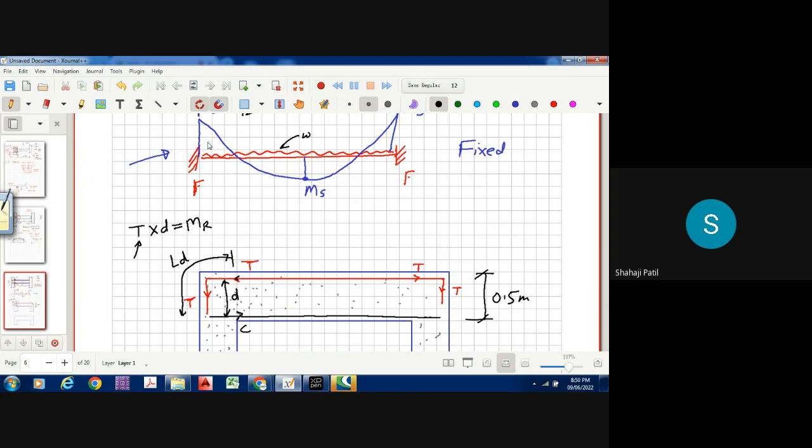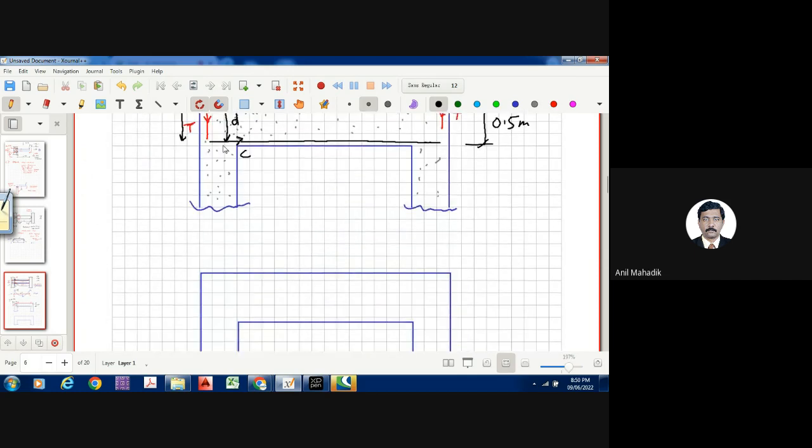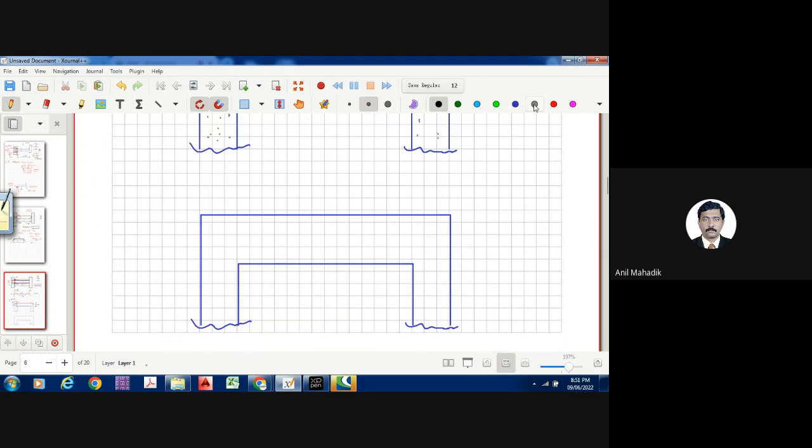Now there is a problem question, how to make it as a hinge support. I will give one theoretical example first, which is not done practically.